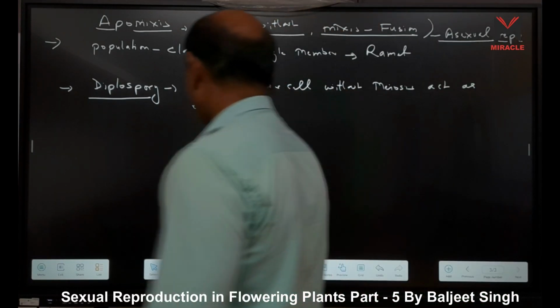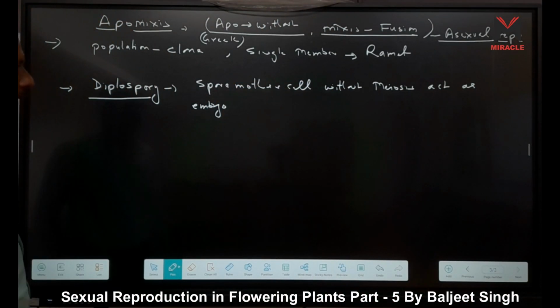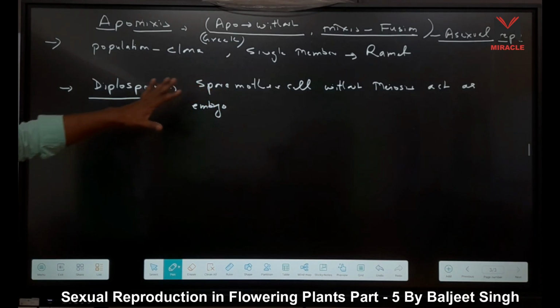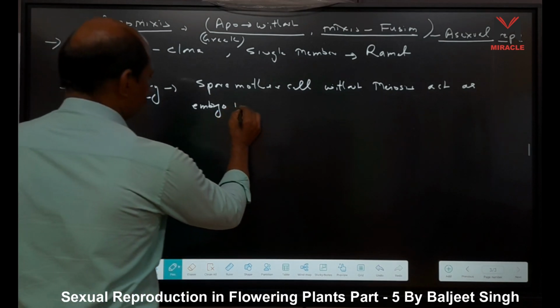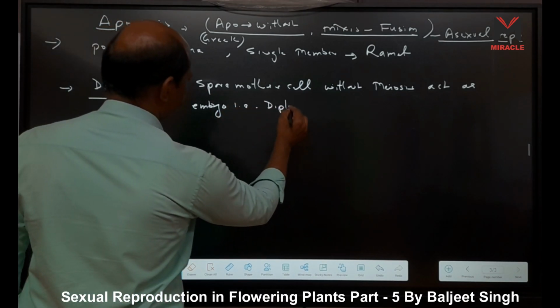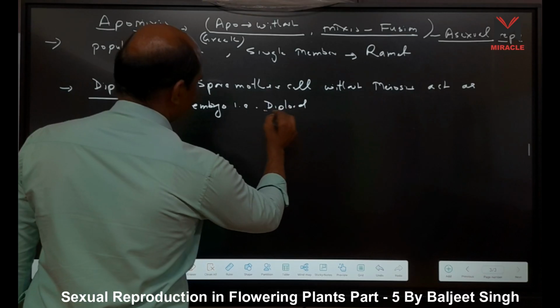So this spore mother cell, without meiosis, acts as an embryo, or we can say it forms a zygote, right? That means it is also diploid in nature.